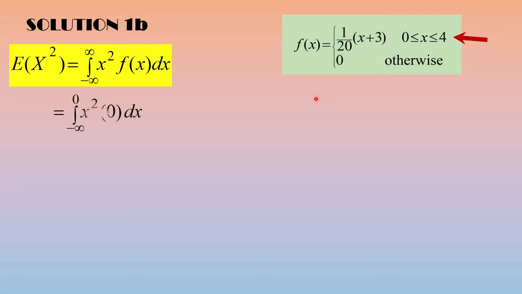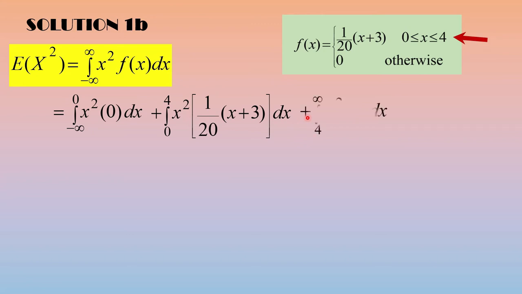Therefore, we need to integrate from negative infinity to 0 x squared times the function 0 dx, plus from 0 to 4 x squared times f(x), so the function from 0 to 4 is 1 over 20 times (x plus 3) dx, plus from 4 to infinity x squared times 0 because the function is 0.